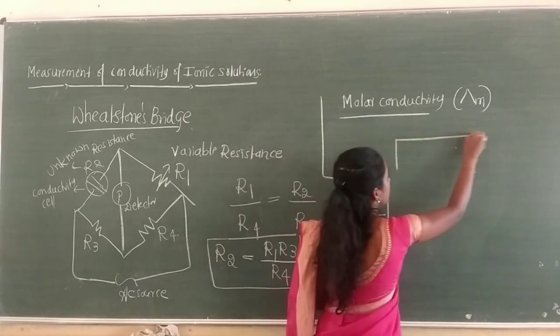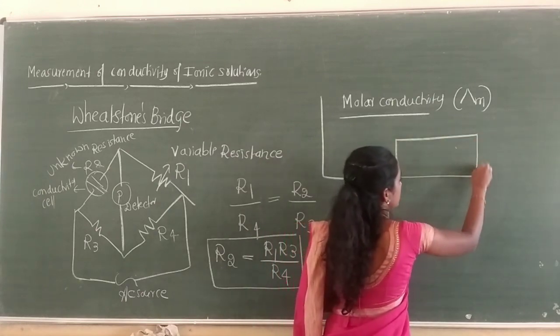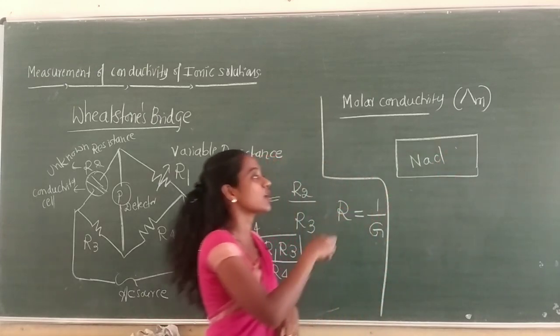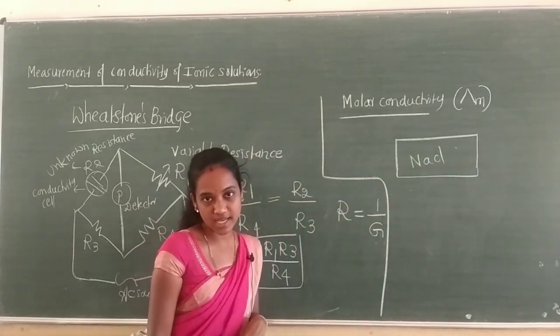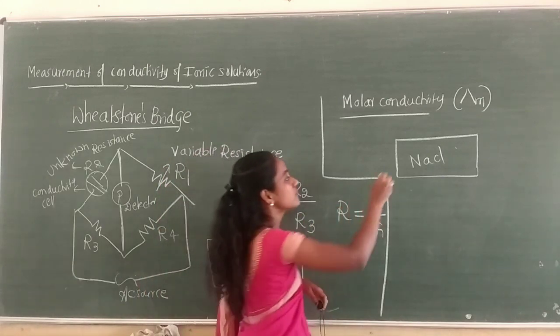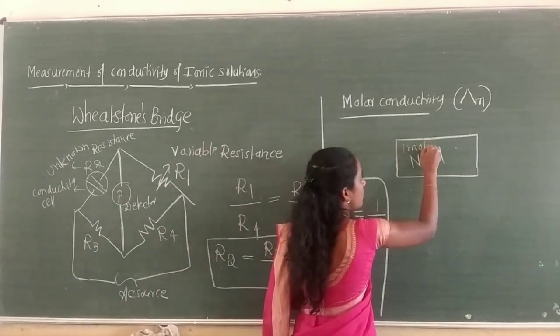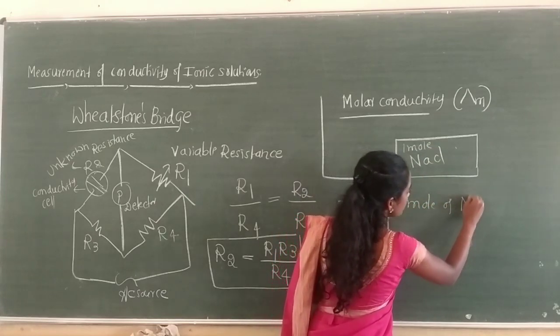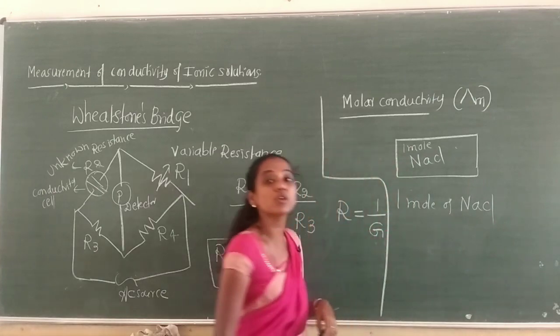Now, if you consider a solution, I will consider sodium chloride solution. The electrolyte present here is NaCl. I will take 1 mole of sodium chloride.